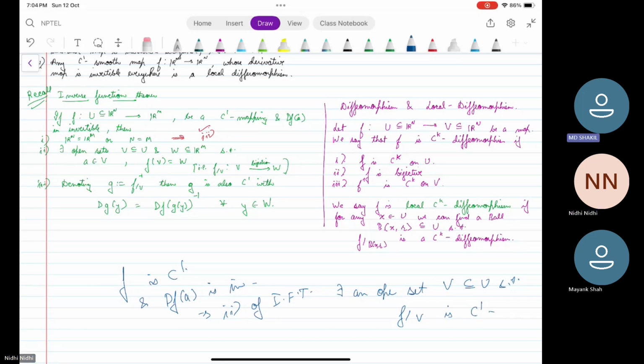In fact, since V is open, we can find a ball as well.